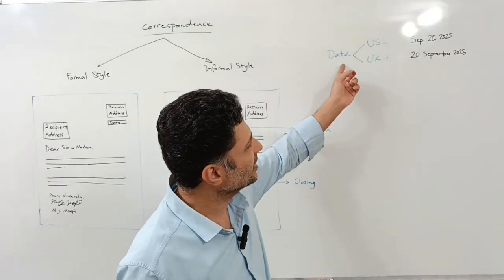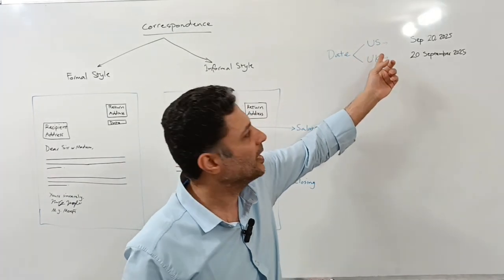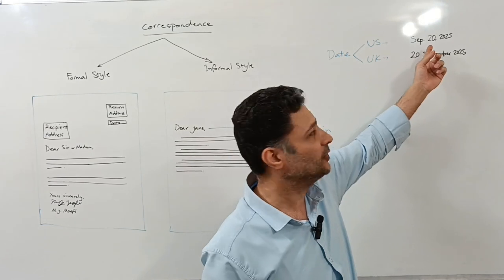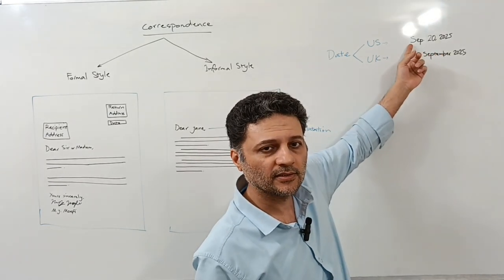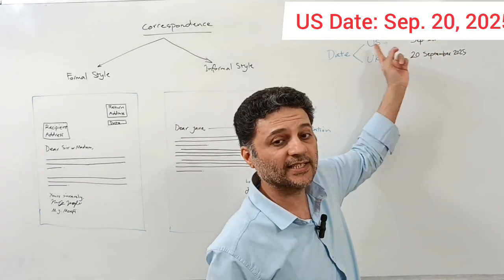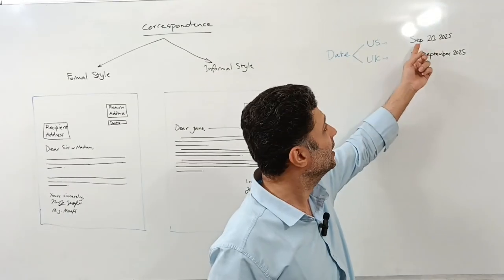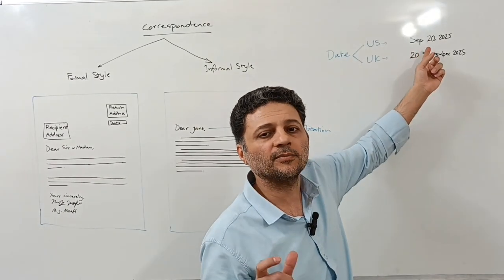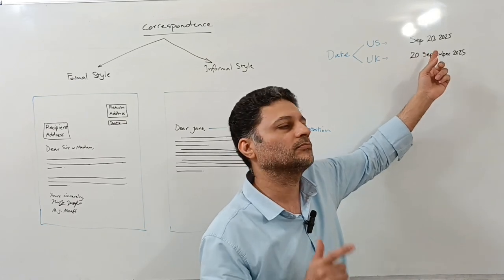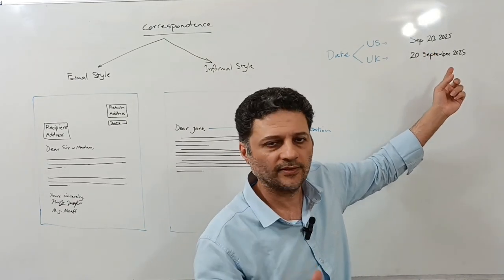Anyway, the date in the US system usually follows this pattern. We start with the month, all right? Either in full, like September, like this one, right? Or an abbreviated form, like NOV, then a dot.